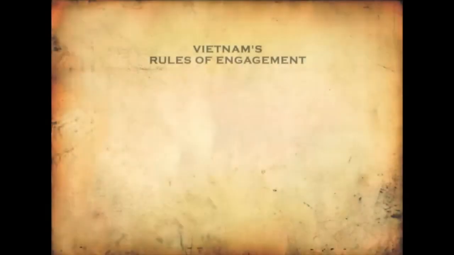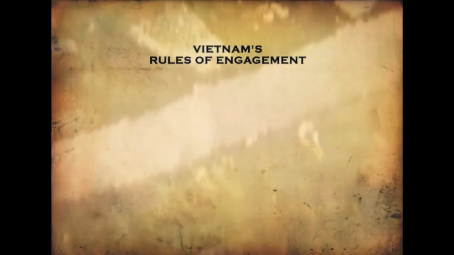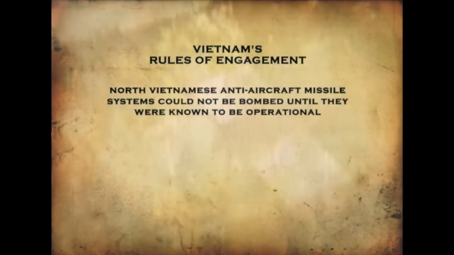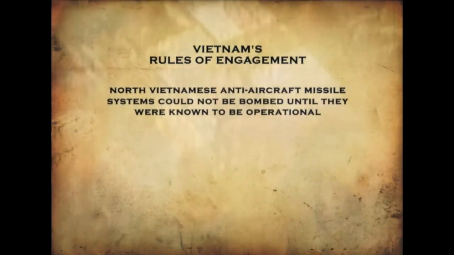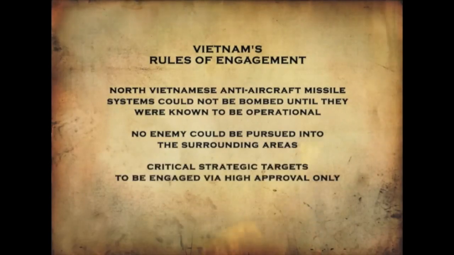In 1985, Vietnam's rules of engagement were declassified. This detailed what American troops were and were not allowed to do in the war. It included such absurdities as North Vietnamese anti-aircraft missile systems could not be bombed until they were known to be operational. No enemy could be pursued once they crossed the border of Laos or Cambodia. And most revealing of all, the most critical strategic targets were not allowed to be attacked unless initiated via high military officials.